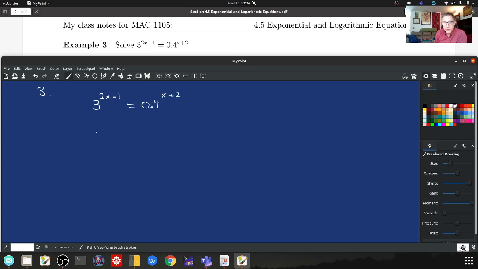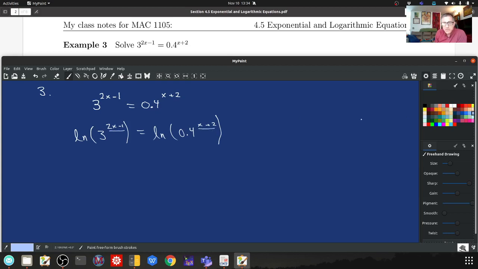So what I'm going to do is take the natural log of both sides. So these are my exponents. Recall, 2x minus 1, that entire expression, it's a polynomial, is my exponent.